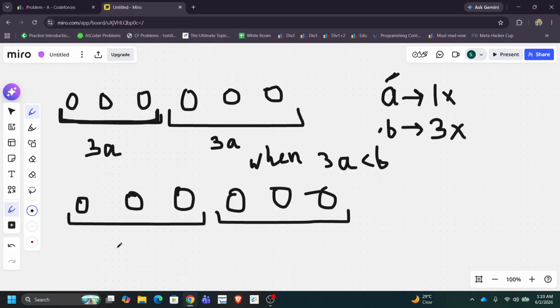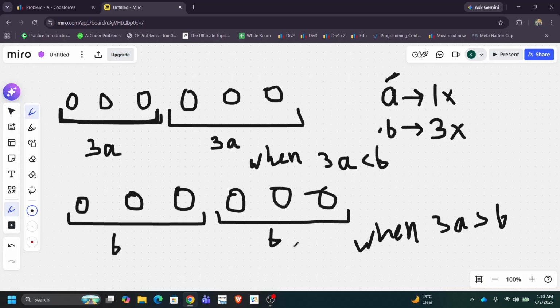Otherwise, we are going to buy these three students the group course which costs b, and these three students the group course which costs b. So we buy each three students the group course. This is what will happen when 3a is greater than b.